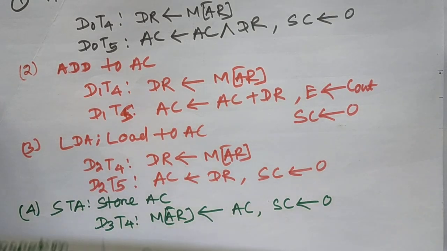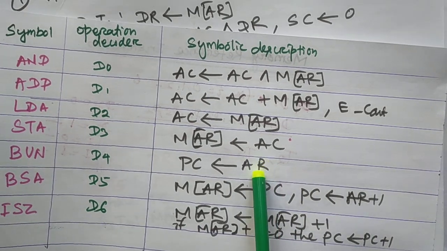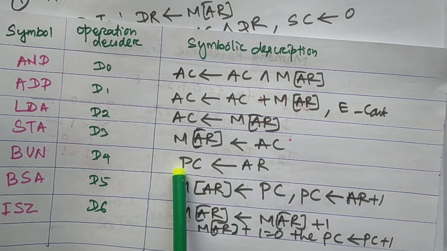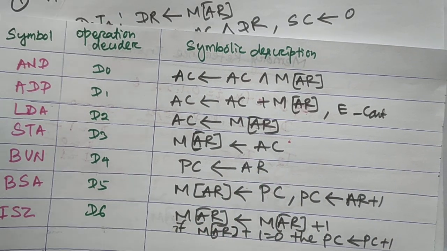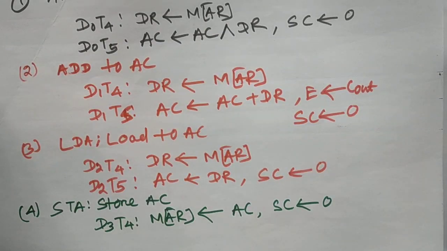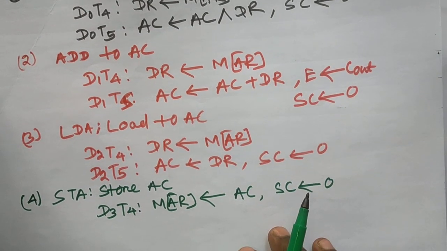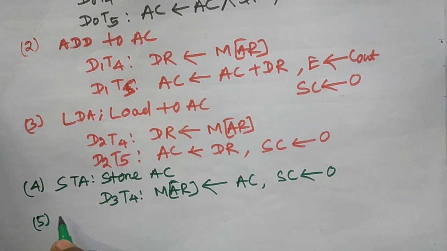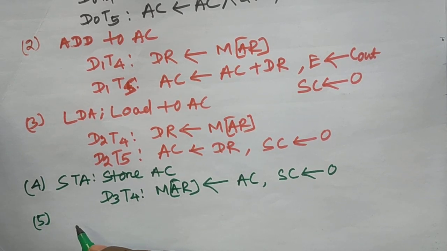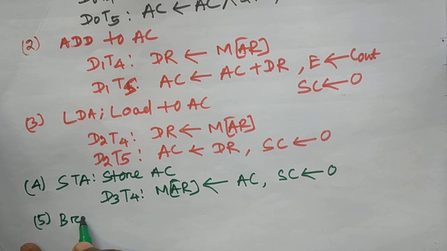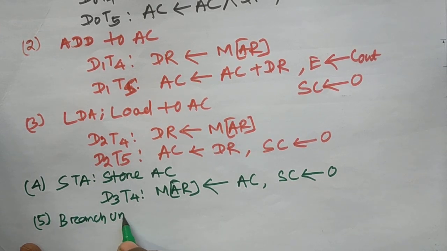Another is the address register, where data is stored in PC. It is very simple, not so difficult. This one we can use as direct address register 5, that is branch on conditional.